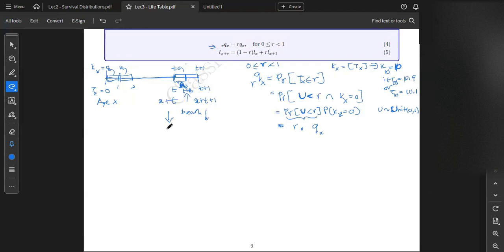So x, like in here, from t to t plus 1 time interval, and r is starting from here and goes to somewhere in here, and r is like this.